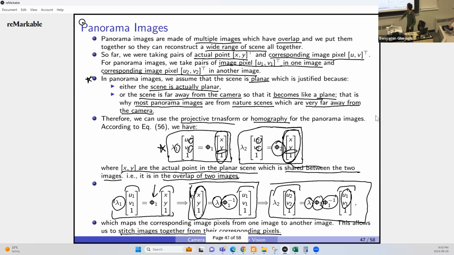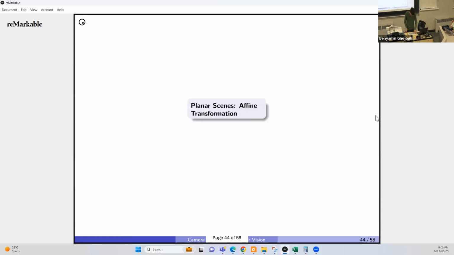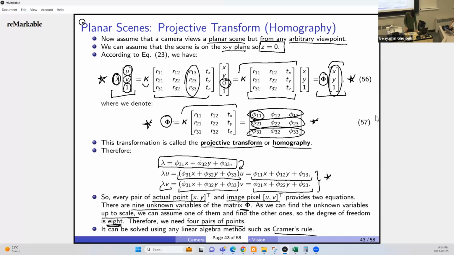As you see, I have used phi 1 and phi 2. So if the two cameras are the same, it will be phi inverse. I'm using phi 1, and what was phi? Recall what we had in homography. Here, phi was the multiplication of k times this rotation and translation. Of course, rotation and translation of the two cameras might differ, but k also might differ.